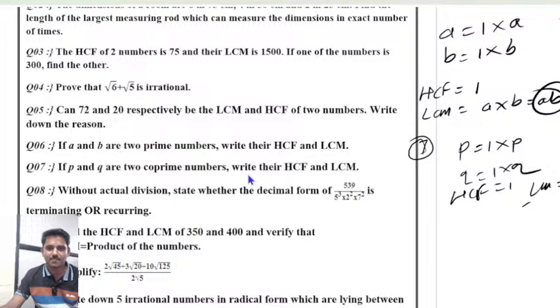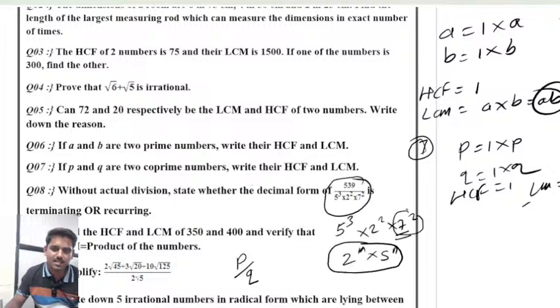So 7 is not in the form 2 raised to m into 5 raised to n. For a rational number to have a terminating decimal expansion, the denominator should be of the type 2 raised to m into 5 raised to n, as this contains a factor other than 2 and 5. So we can say it will have a non-terminating recurring decimal expansion.